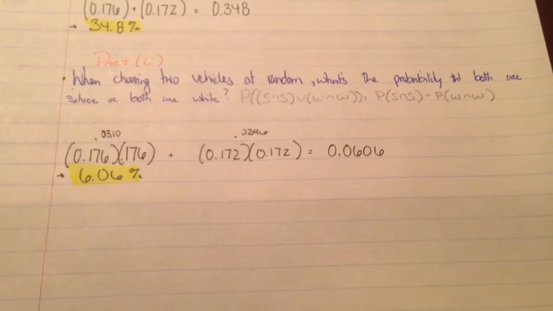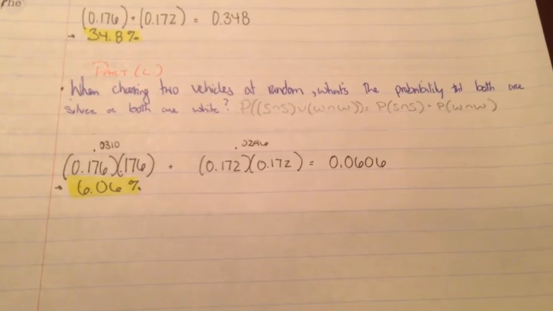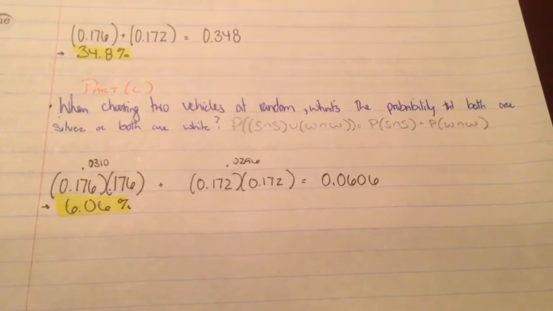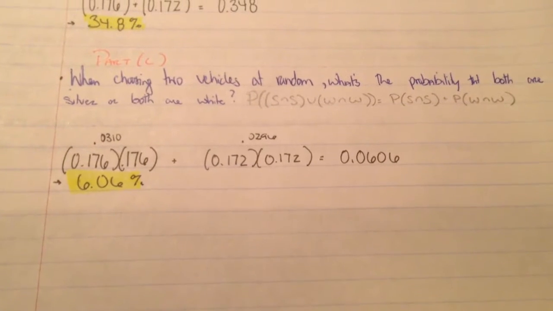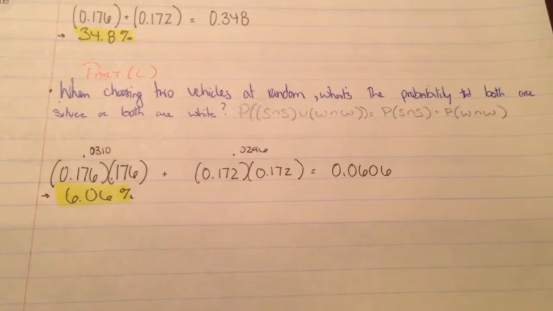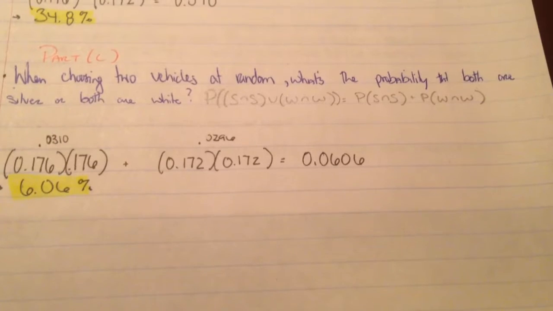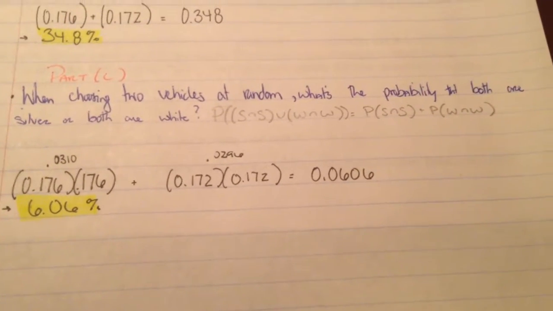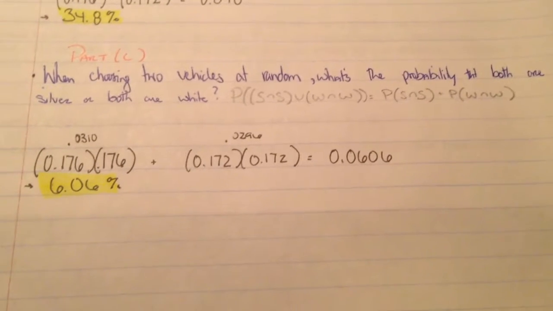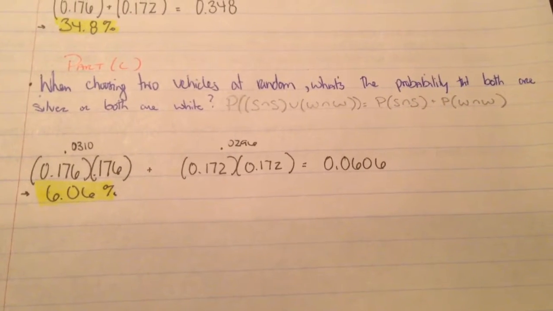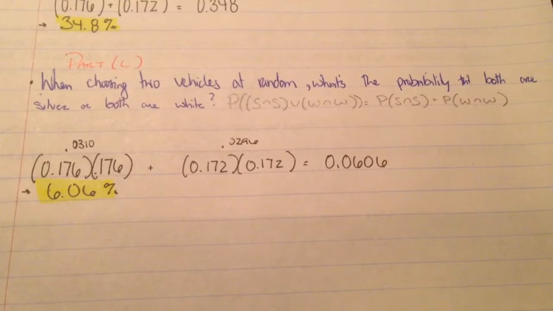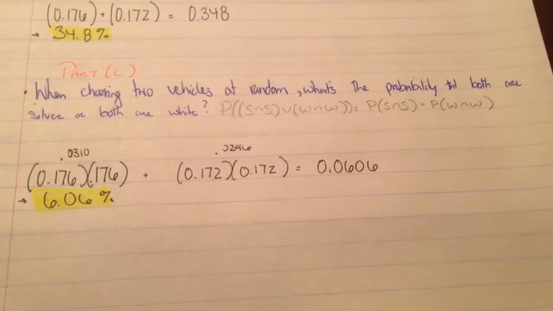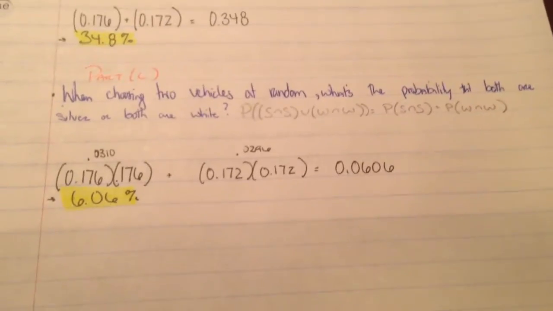So what you do is you would take silver twice, which is 0.176 and 0.176, and multiply them to get 0.0310, and then you take the probability of the white, which is 0.172, take that twice, multiply it, and you get 0.0296. Then you add them both together, and you would get 0.0606, which is also 6.06%, which is your probability for this question.